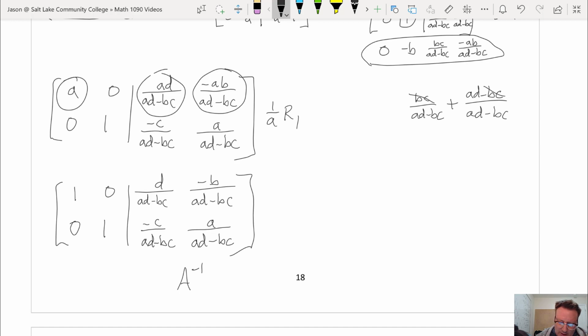But of course, we can improve it by writing it as a scalar times a matrix.